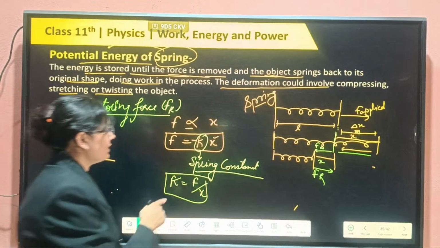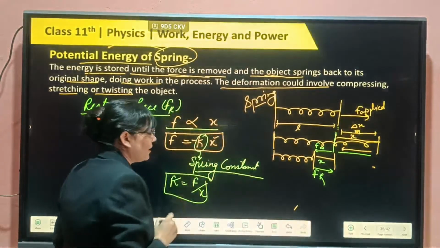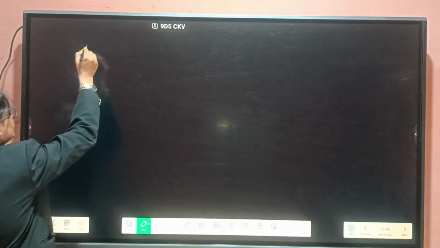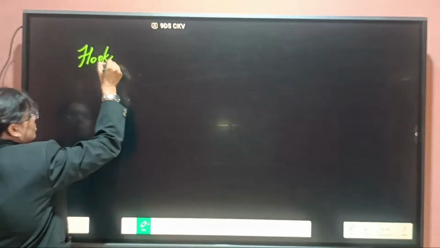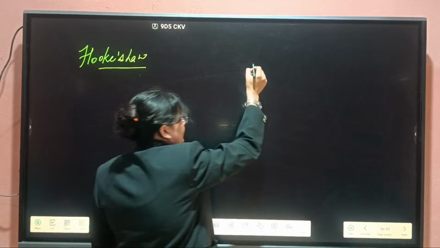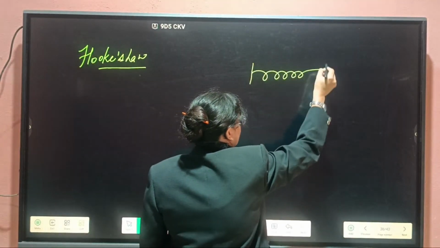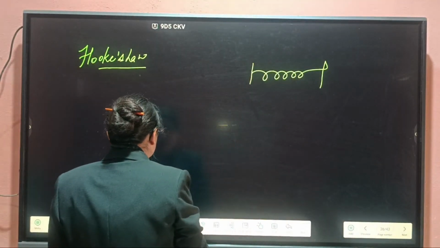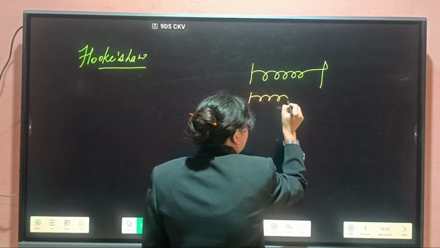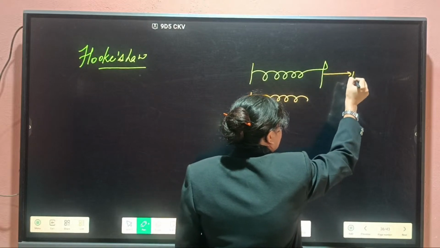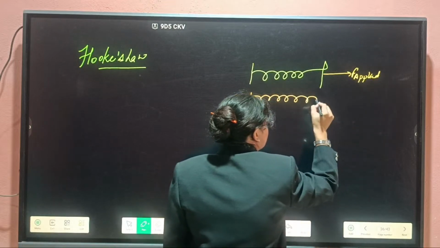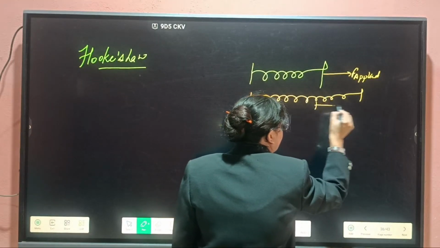Understood? Okay, now according to this force we can define one law also beta, that is known as Hooke's law. क्लियर, इस फोर्स पे ही डिपेंड है कि अगर हम स्प्रिंग लेके चल रहे हैं, ये कैसा स्प्रिंग है बेटा, ओरिजिनल स्प्रिंग है आपका, तो ओरिजिनल स्प्रिंग के ऊपर क्या हमने फोर्स लगाया, the force we are applying in this direction is the applied force, then its position will change, it will shift here.